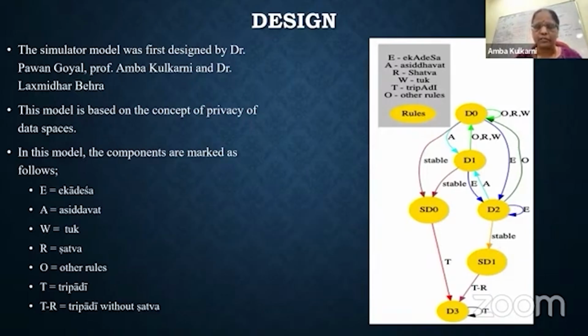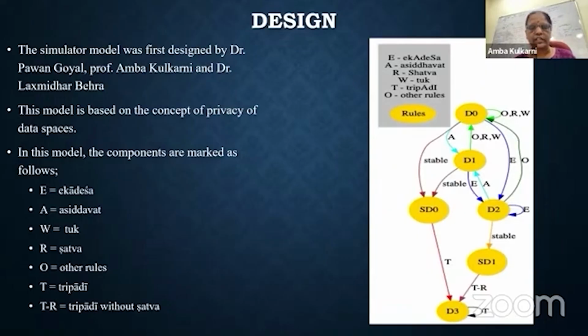Before that, let me explain what these D0, D1, etc. are. What we have understood from asiddha is that there is a space which is not visible to certain rules.